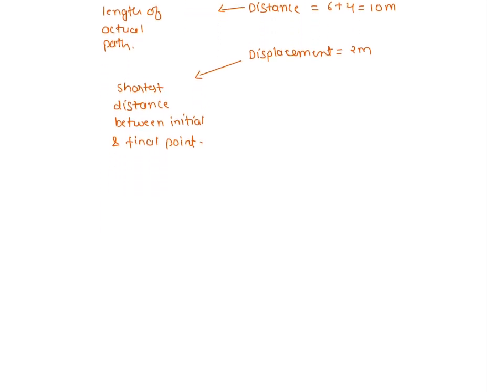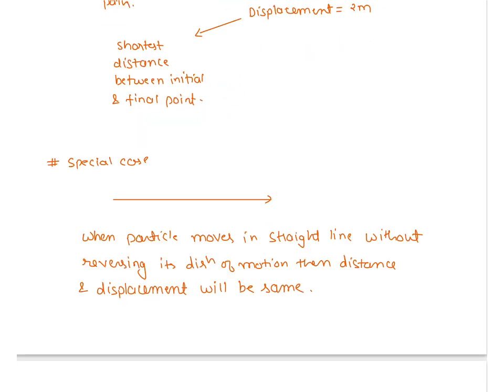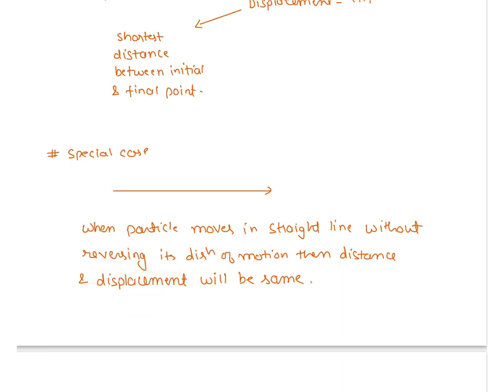So when are distance and displacement the same? Suppose I'm discussing a special case when the particle is moving in a straight line and it does not reverse its direction, then I can say distance and displacement will be the same. But when I'm saying displacement, I'm talking about the magnitude of displacement.